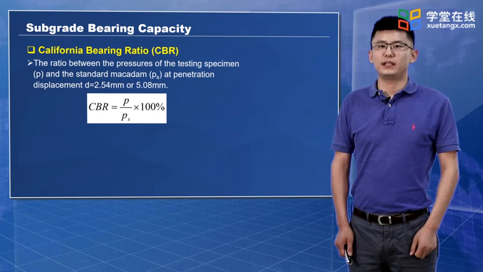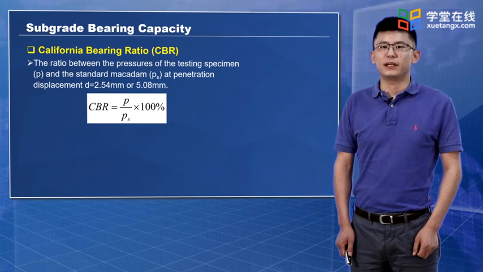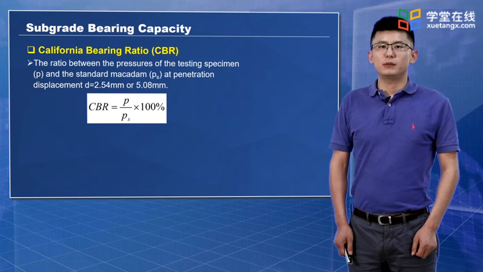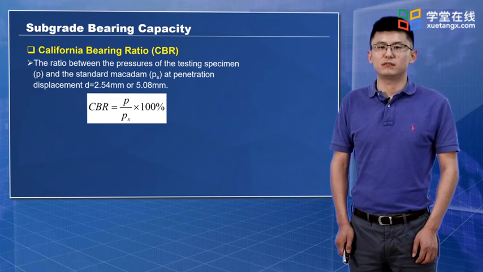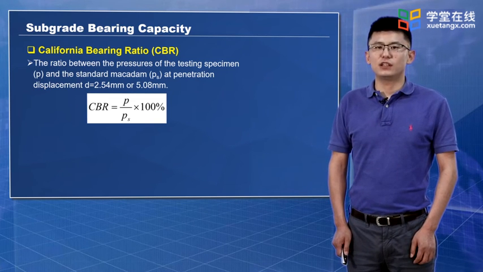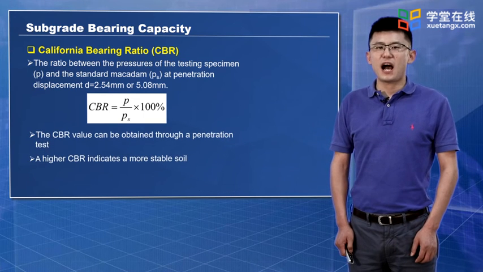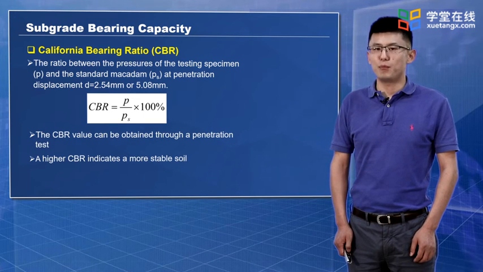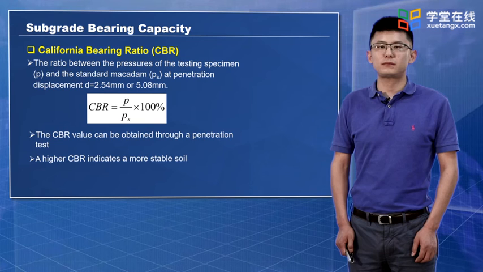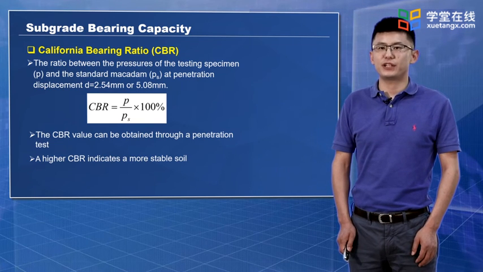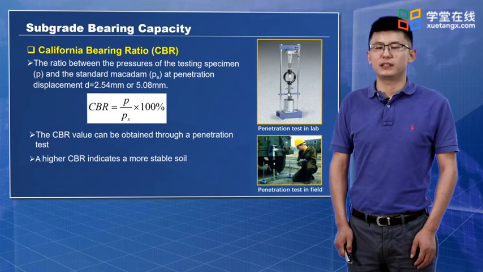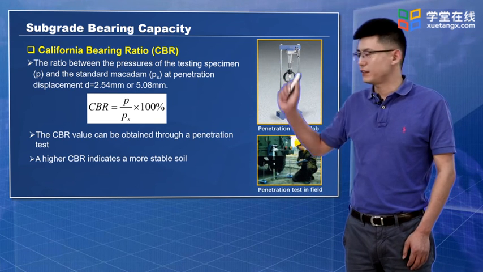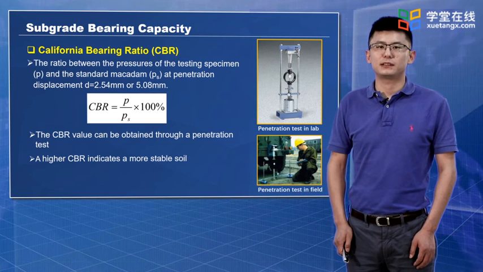And we record the pressure, we call it P, and then we get the ratio between P and PS, and we get the California bearing ratio. And here, of course, if you think about it, a higher CBR indicates a more stable soil, right? And the CBR value can be obtained by a penetration test, both in lab and in the field, like the graphs here, that is the field test and the lab test.